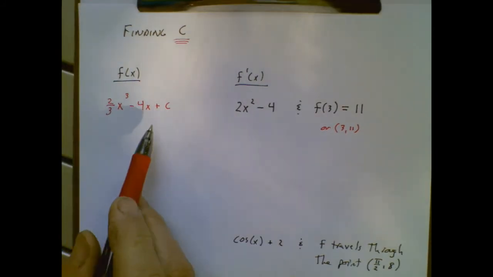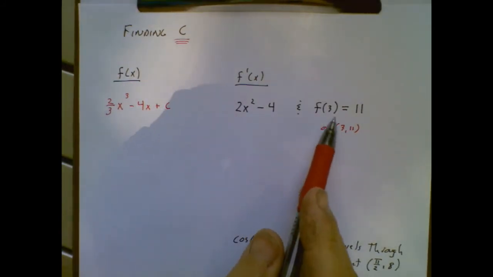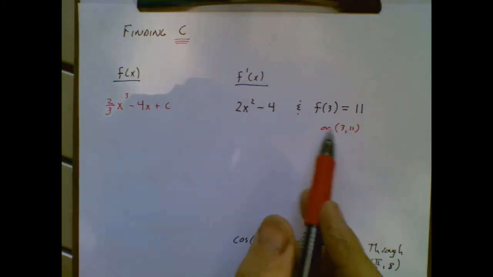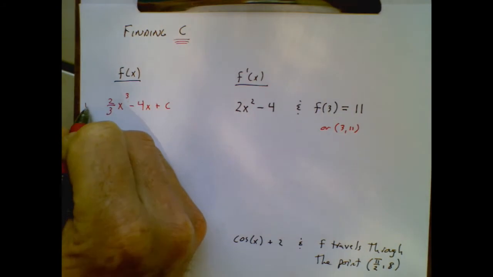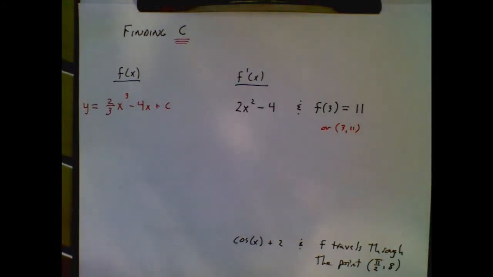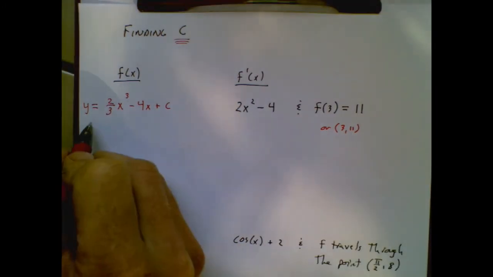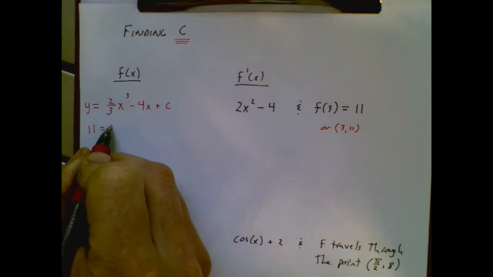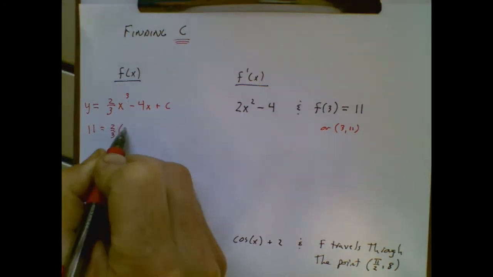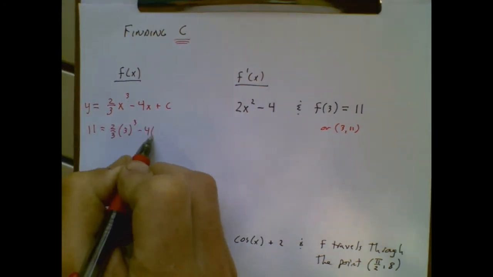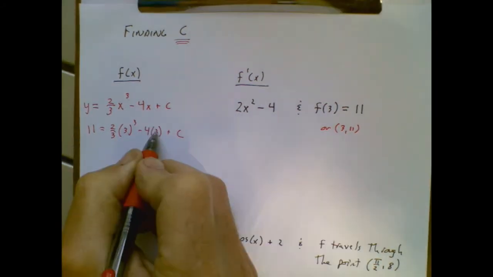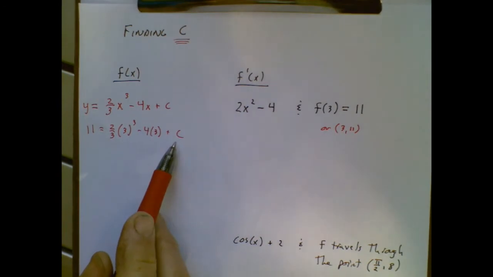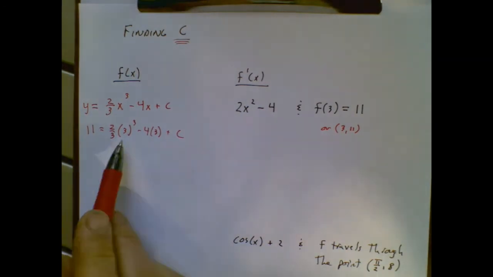That's what our antiderivatives were before, but now that we have this extra information, an x value and a y value, we can figure out the c. So remember, in algebra, they might say this is a y equals equation or an f of x equals. So here I go, I just plug in my 11, my 3, and I notice that c is the only thing remaining. I can solve for c.